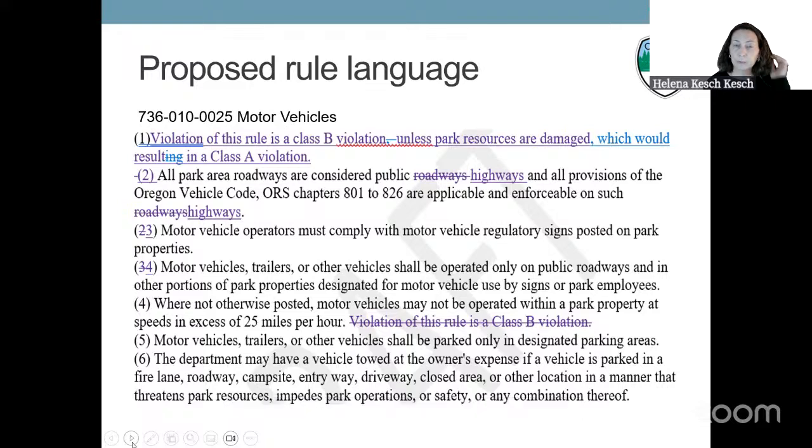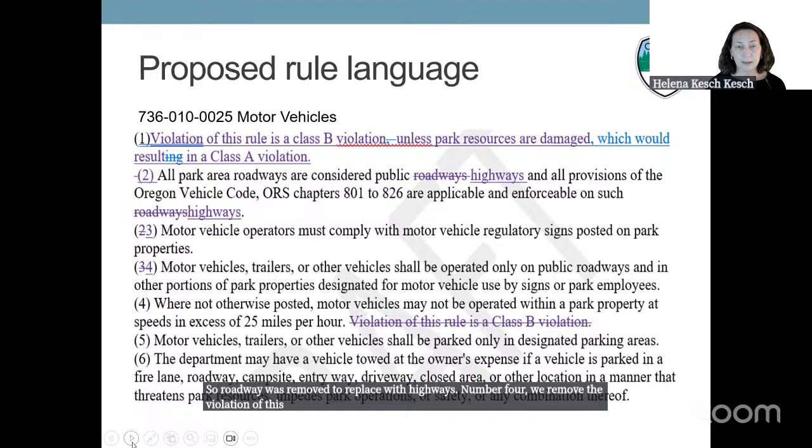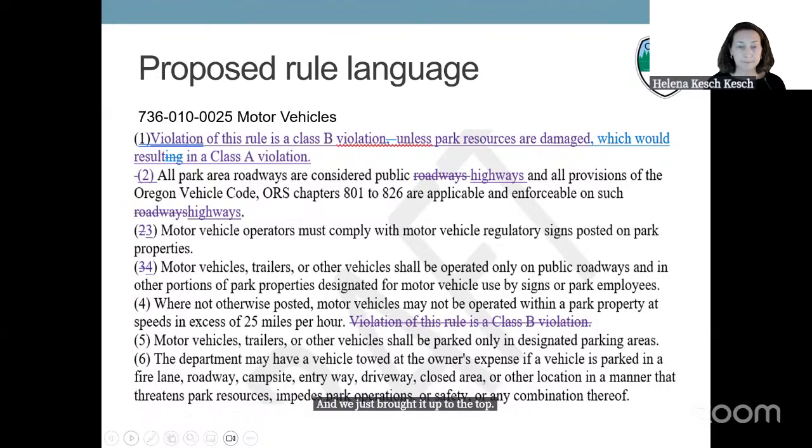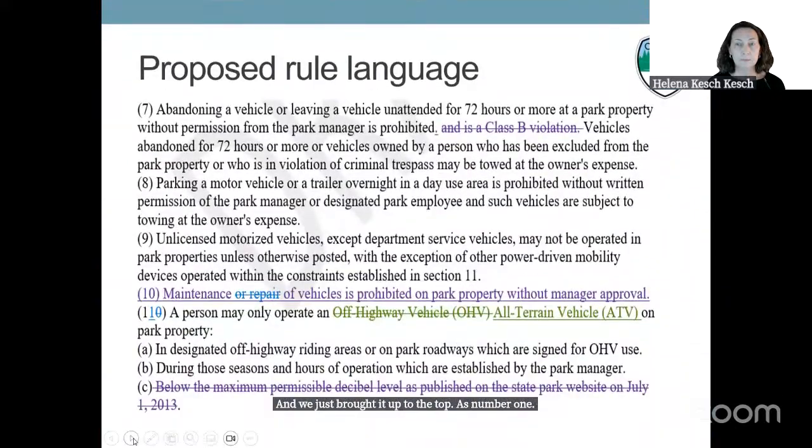So roadway was removed to replace with highways. Number 4, we removed the violation of this rule as a Class B violation, and we just brought it up to the top as number 1. In number 7, we removed the Class B violation language.